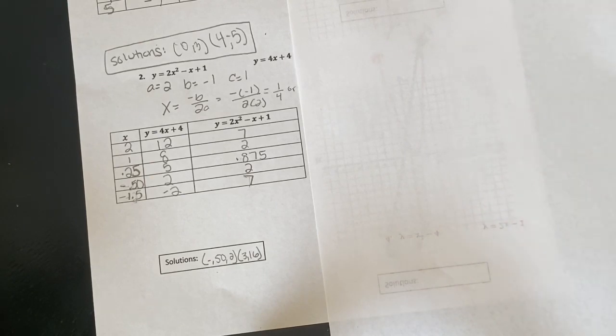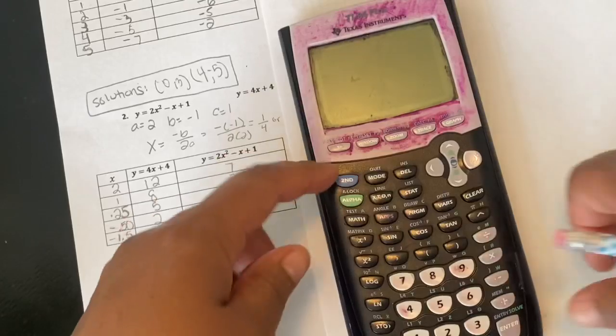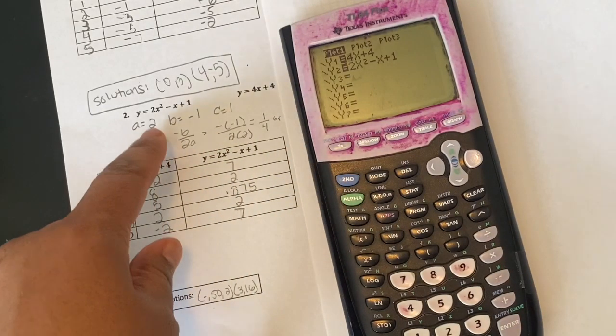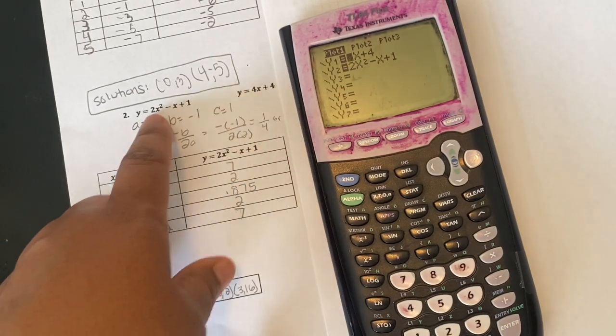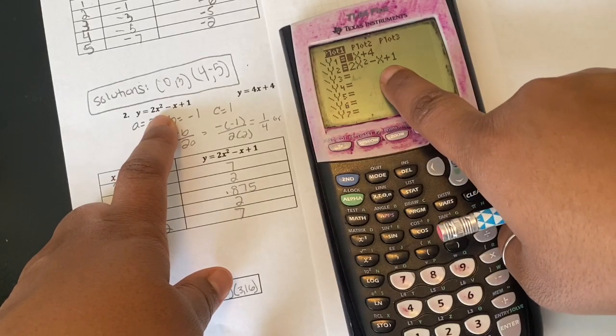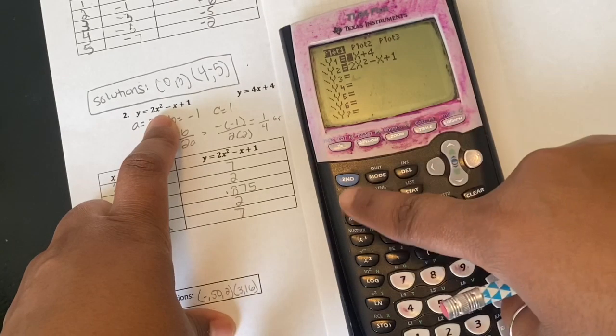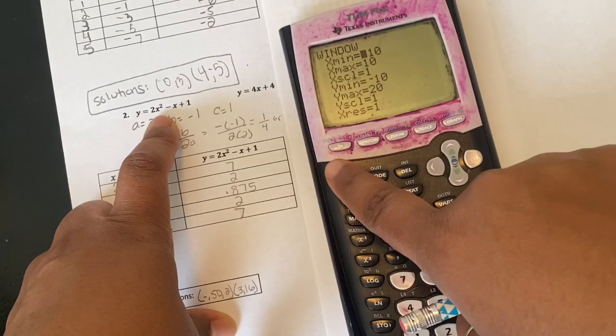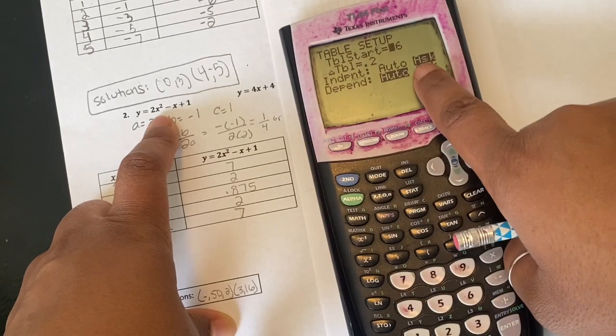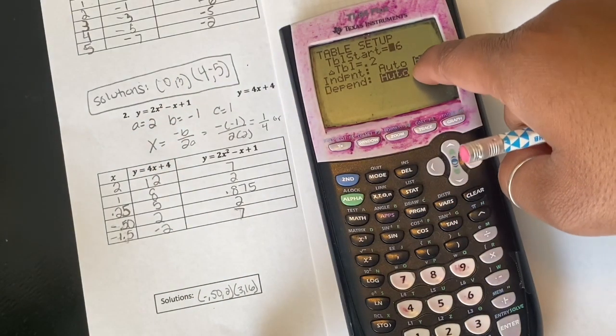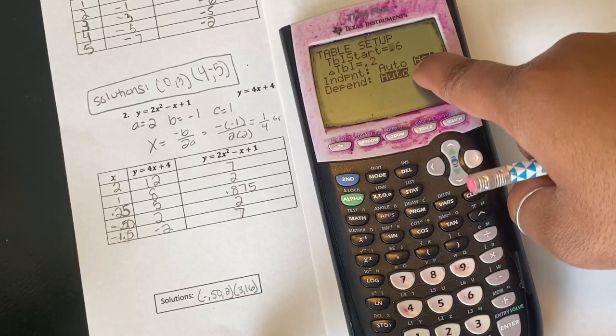Remember, if you have a graphing calculator, you can always put the functions into your y equals: 4x plus 4 and 2x squared minus x plus 1. Then make sure your window, you go to second window and it asks for your independent variable, which means you can put in whatever x values you want.